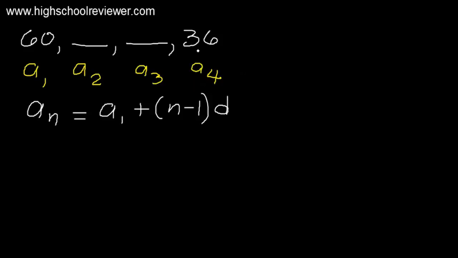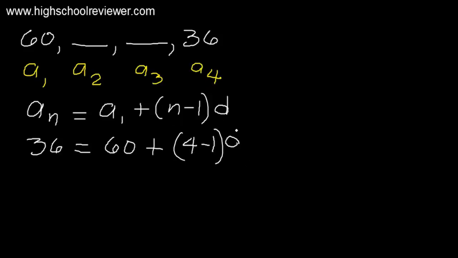A sub 4 here is positive 36, so 36 equals the value of a sub 1, which is 60, plus our n, which is 4 since this is the fourth term, minus 1 multiplied by d. We have 36 is equal to 60 plus, rather, 4 minus 1 is 3. So 3 multiplied by d, that will be 3d.